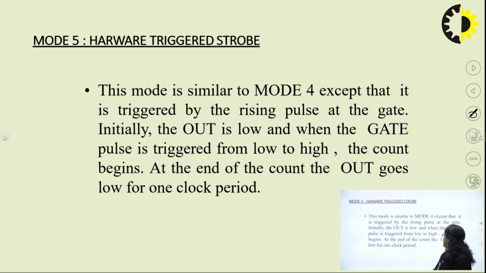When the gate pulse triggers from low to high, only then will the counter start counting. And if in between the gate pulse goes from high to low, the count will remain at that state, and counting will start again only if the gate pulse is triggered again. So the gate will control the working or functionality of the counter in this mode.